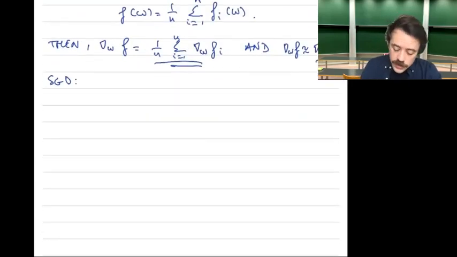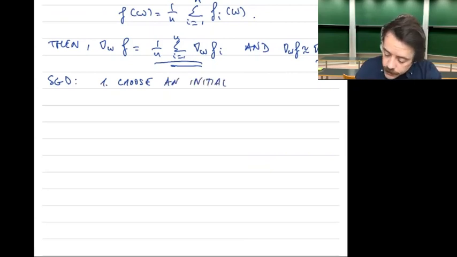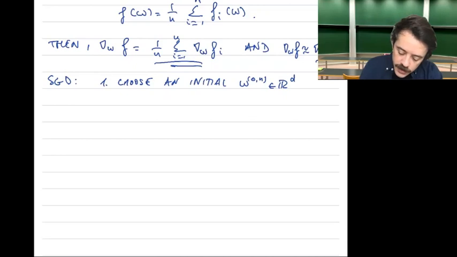So what we're going to do is first choose an initial theta_0, which is from R^d.